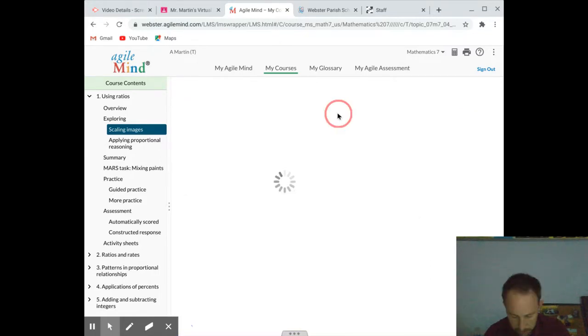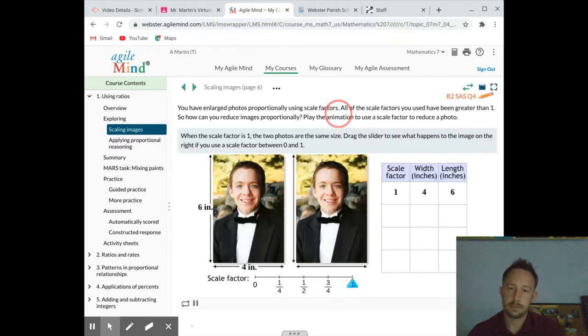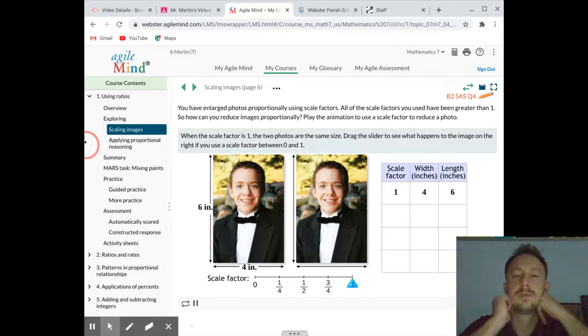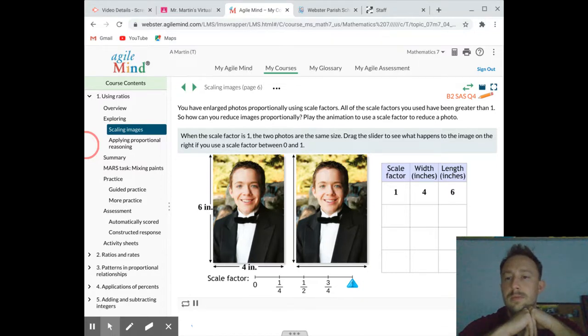So let's look at page 6. All right. So if you would, Miss Anaje, would you read this for us, please? Yes, sir. You have enlarged photos proportionally using scale factors that have all been greater than 1.